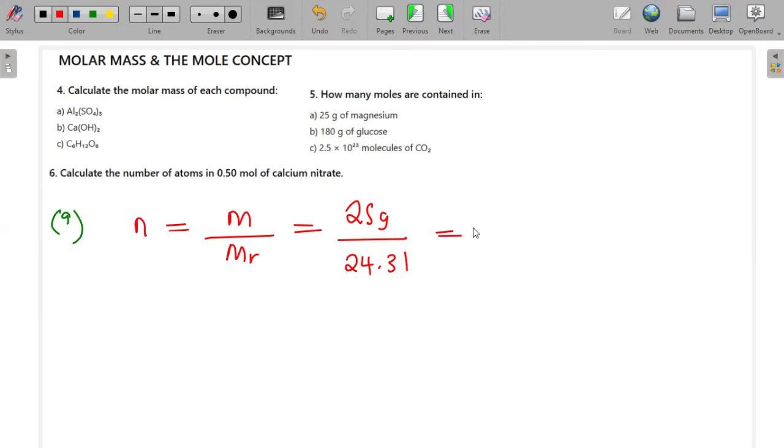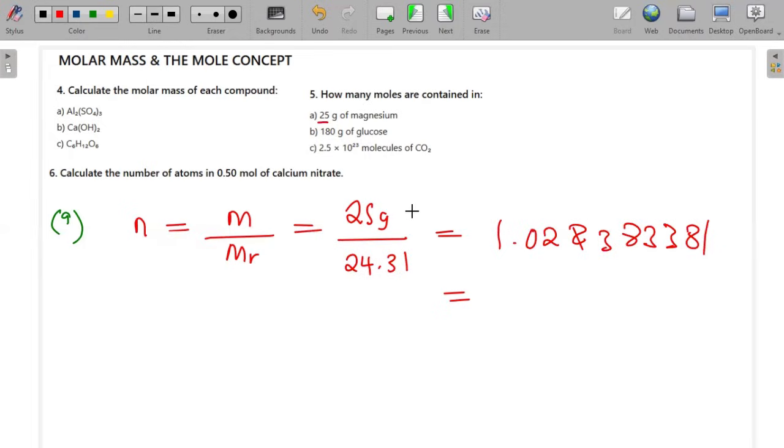So when I divide this, what do I get as my moles? 25 divided by 24.31 gives me 1.028383381. Since the given mass had 2 significant figures, you can also try to express your answer with the same significant figures.